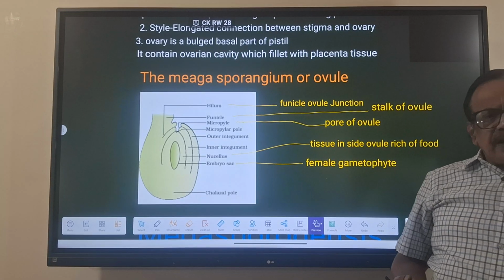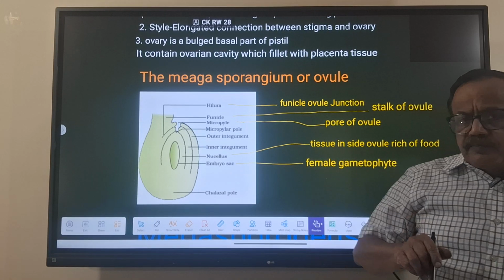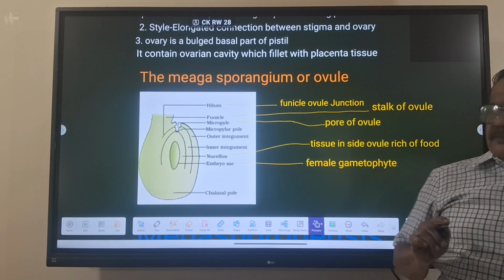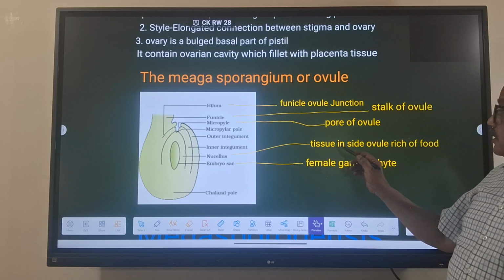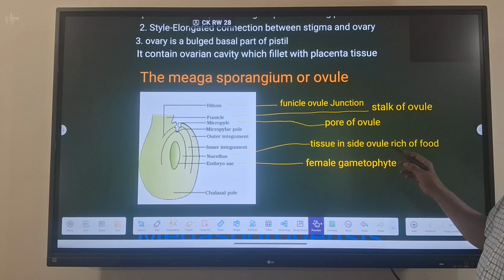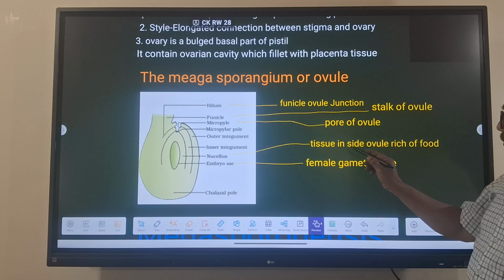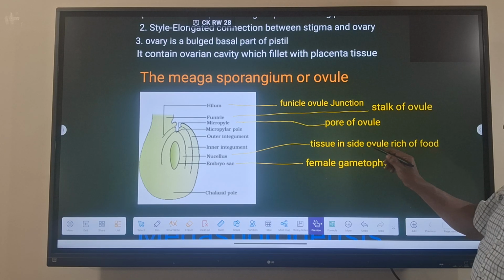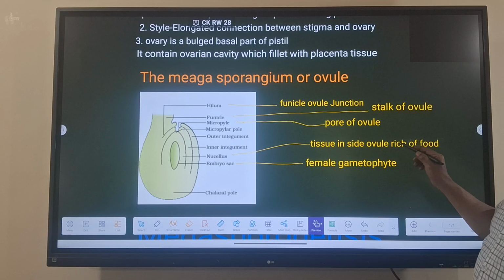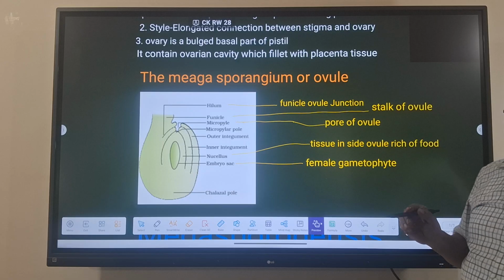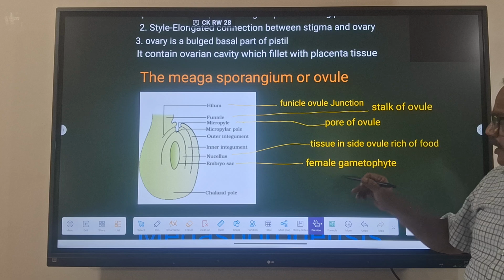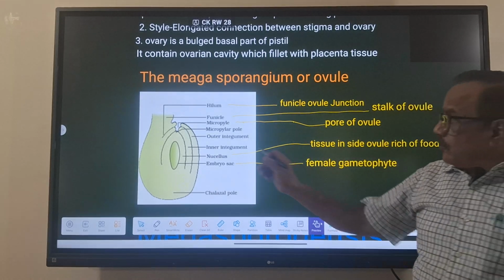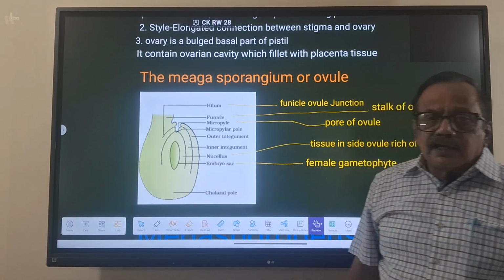Next, inside the integuments there will be a tissue, naturally, because inside the ovary the placenta tissue is there, and inside the ovule a tissue will be there. That tissue is called the nucellus. It is a very important tissue, rich in food. Whatever tissue is inside the ovule is called the nucellus tissue.